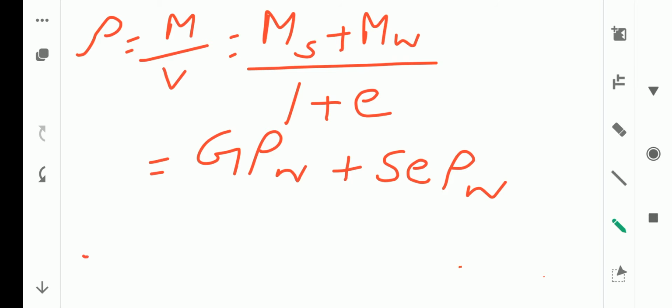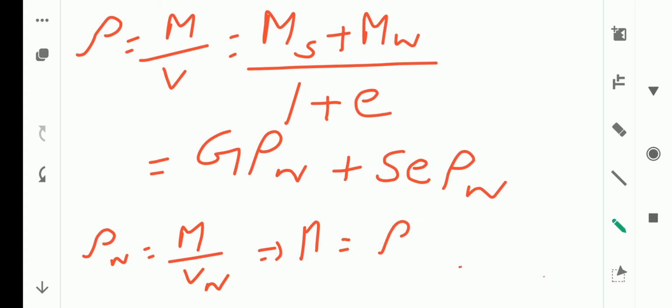Because we know density of water is equal to mass upon volume of water, and hence mass of water will be equal to density of water into volume of water, and we have seen earlier that volume of water is equal to S into E, and hence we are writing this term, correct?